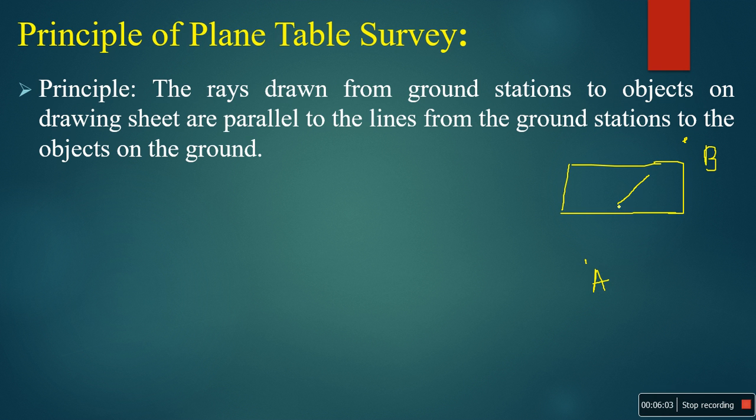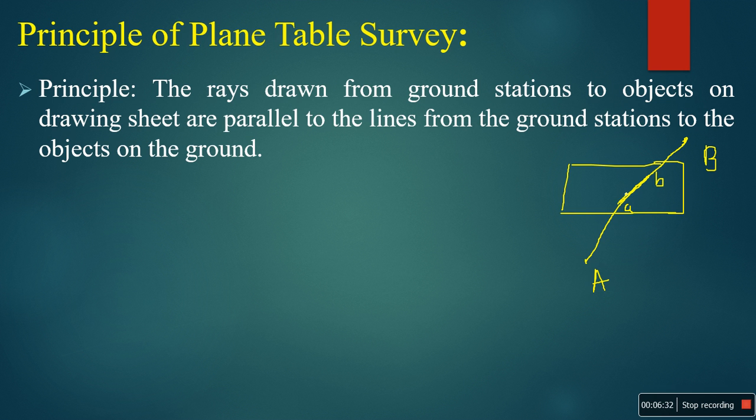The length of the line AB is marked out as small letters ab. The line you have drawn on the drawing sheet is exactly parallel to the field line AB, always. So this is called the principle of plane table surveying. Suppose, what will happen?